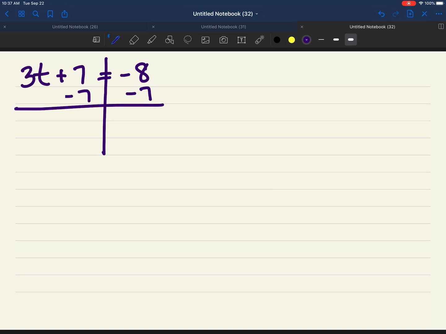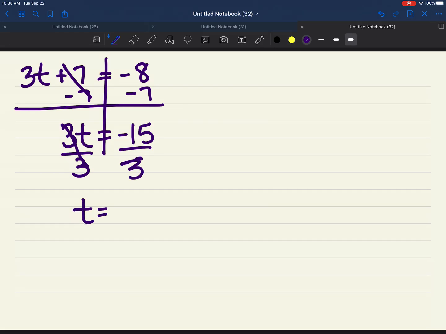So if I subtract 7 from both sides, does that cancel on the left? Yes, because 7 minus 7 is 0. And you would get 3t equal to... Negative 15. Good. All right, your last step is to do what? Divide by 3. Negative 15 divided by 3 is equal to... Negative 5. Okay.